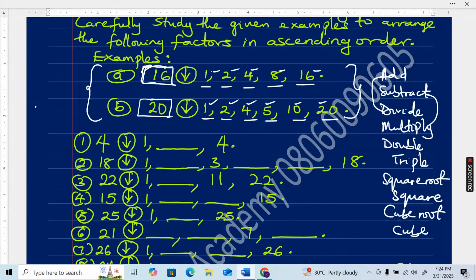If all the numbers in front of 16 can divide 16 without any remainder, therefore being factors of 16, is it the same thing with 20? Can all the numbers in front of 20 divide 20 without a remainder? Yes. 1, 2, 4, 5, 10, and 20 can divide 20 without a remainder. Okay, so that was how they did it. All right, now I understand.